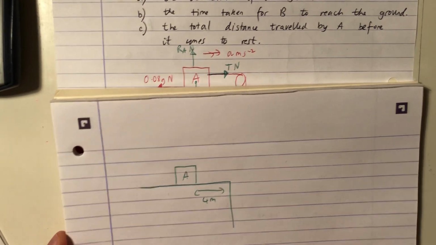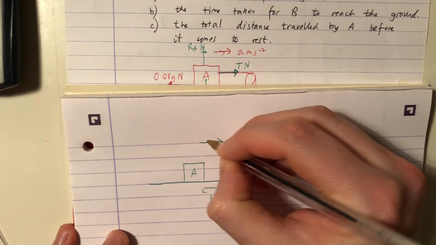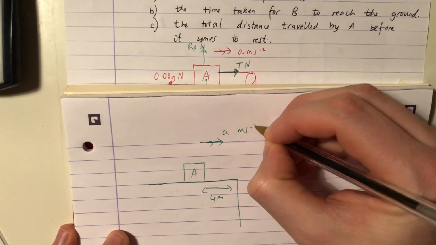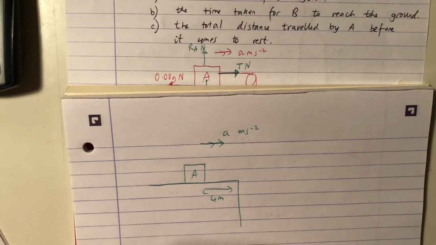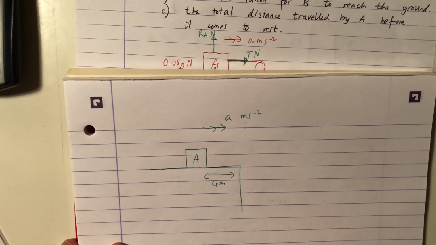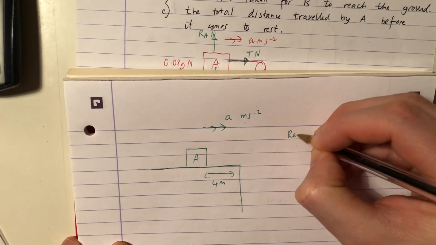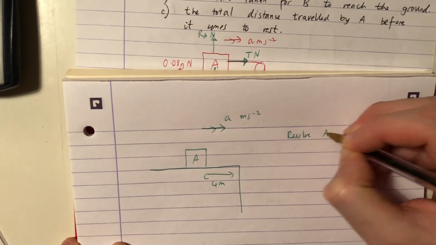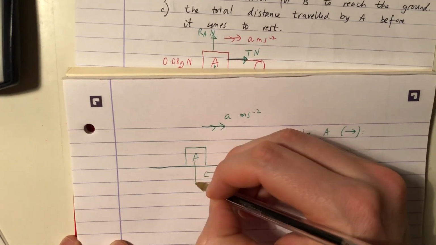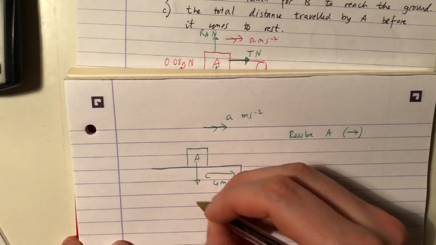I'm going to pretend to do the question again. I'm going to find its acceleration. It's going to still try and move this way, but it's going to slow down. Forces acted on A. It's got mass, so it'll have a weight.